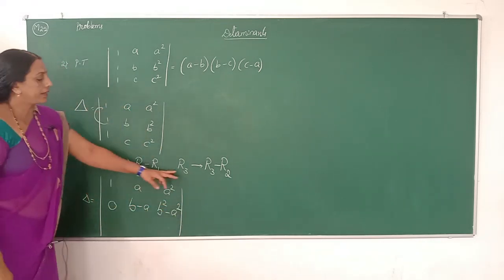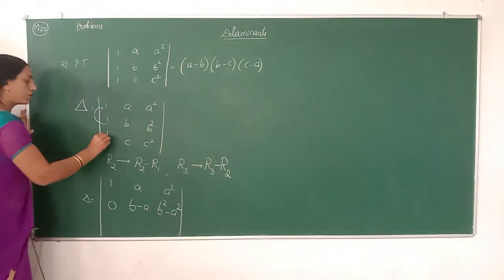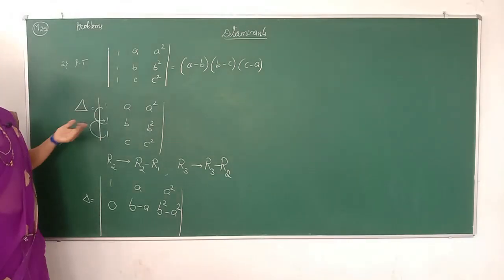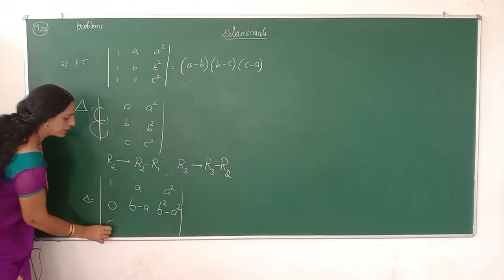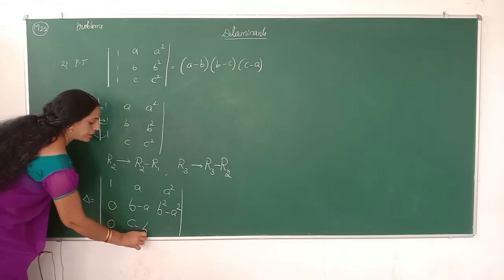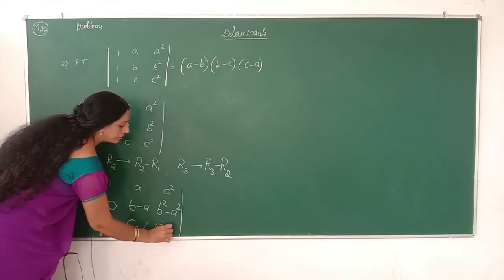Similarly, R3 changes to R3 minus R2. The corresponding elements of R3 are subtracted from the elements of R2. Again, the first element is 1 minus 1 is 0, the second element is c minus b, and the third element is c square minus b square.